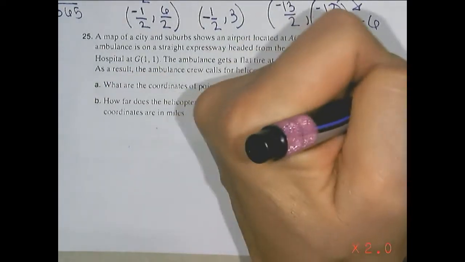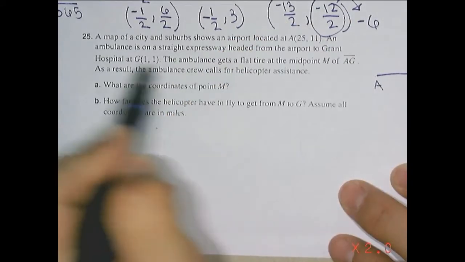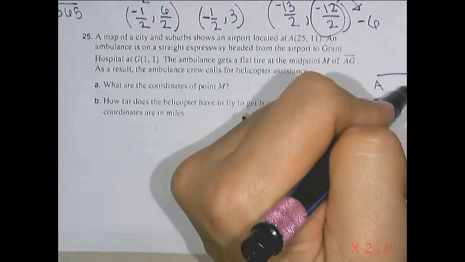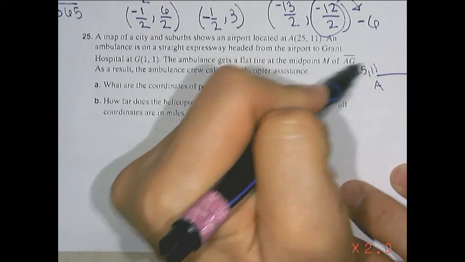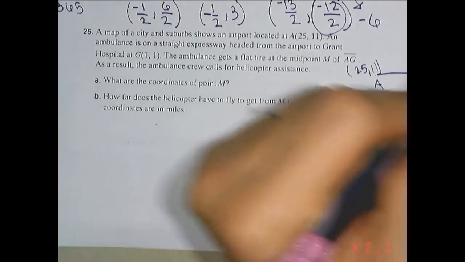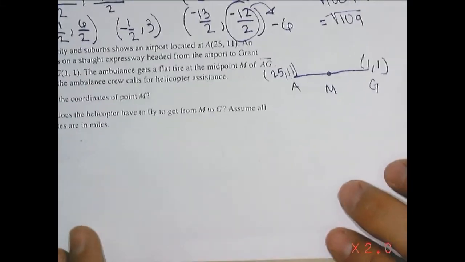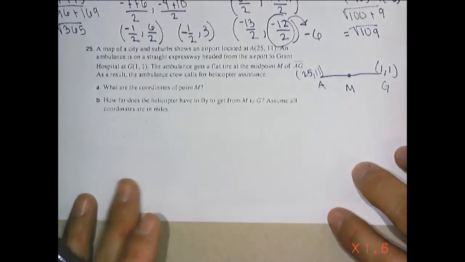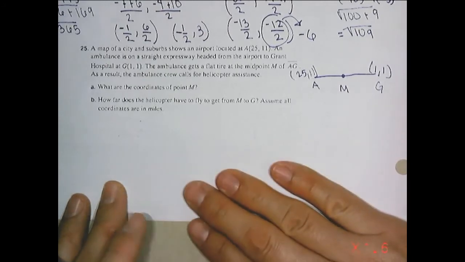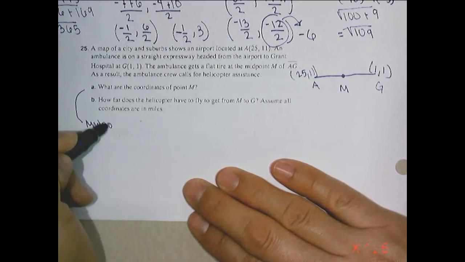So here we have A and G, and right here in the middle is our midpoint, which we're trying to figure out. A is 25, 11, and G is 1, 1. So we're going to find the midpoint first. Whoops, sorry, you couldn't really see that diagram. I'll zoom out a little bit. Okay, so what are the coordinates of M? We're going to use the midpoint formula to find that.